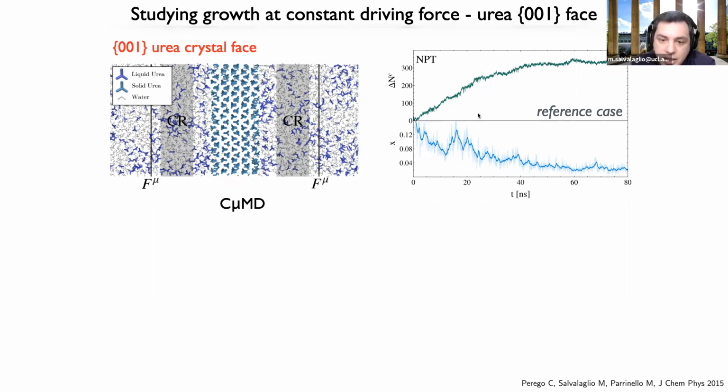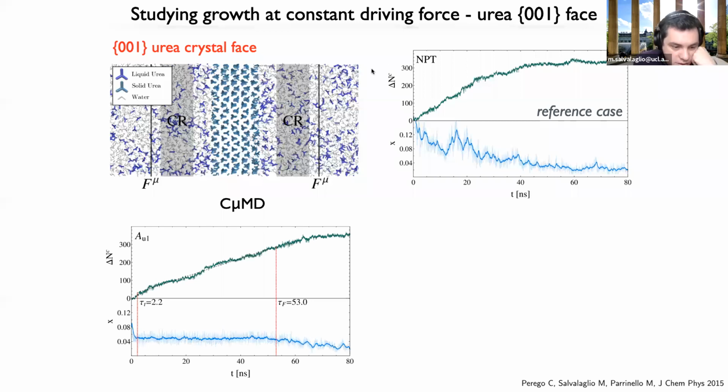And X is the molar fraction of urea in the controlled region as a function of time. And this representation highlights why we have a problem here, because growth happens against a constantly changing background concentration. So we're not really able to pinpoint what the crystal growth is as a function of the concentration in the control region. CUMD allows us to overcome this problem.